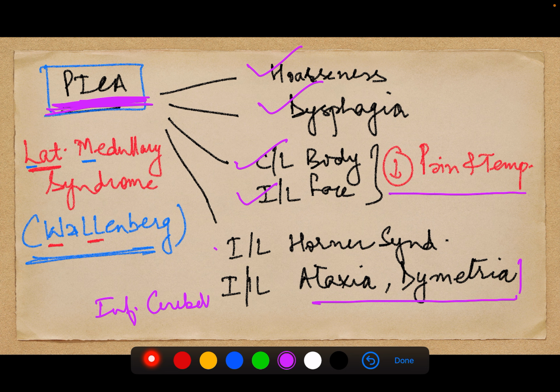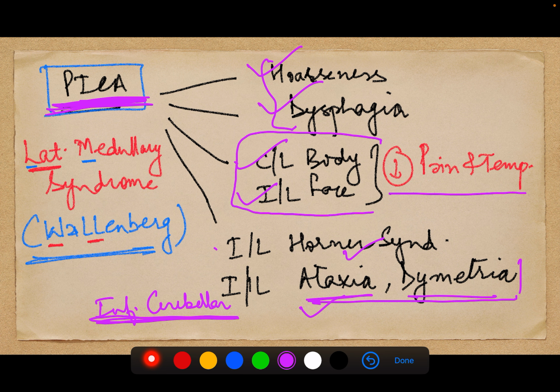So if there is involvement of the cerebellum, whether that is a part of the peduncle or the cerebellar cortex, there will be ataxia and dysmetria. So all the symptoms of this cerebellar involvement, Horner syndrome, hoarseness and dysphagia from the 9th, 10th, and 11th, and because of involvement of the anterolateral spinothalamic tract, loss of pain and temperature: lateral medullary, Wallenberg, PICA.